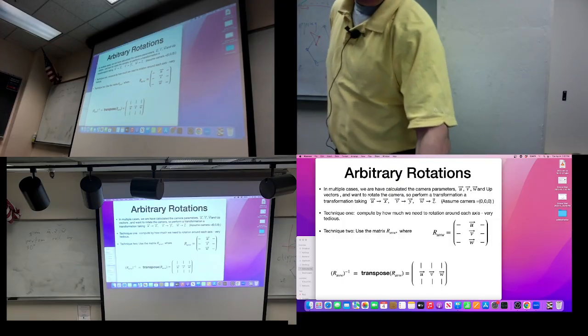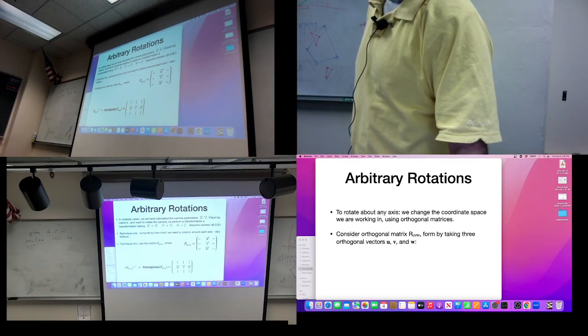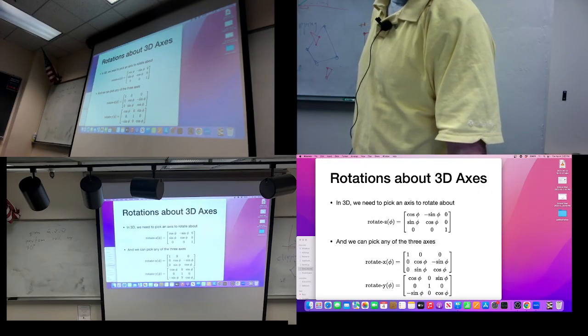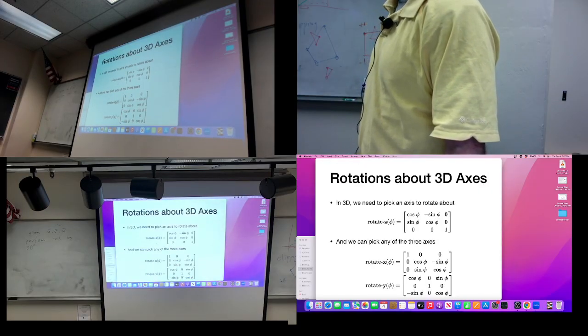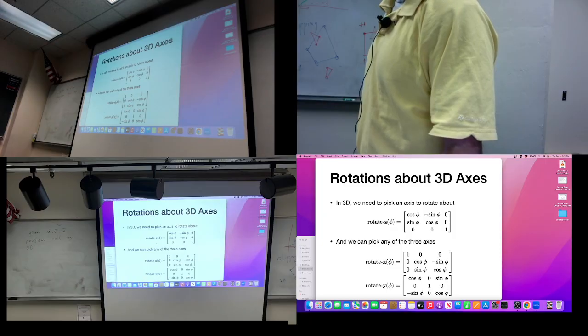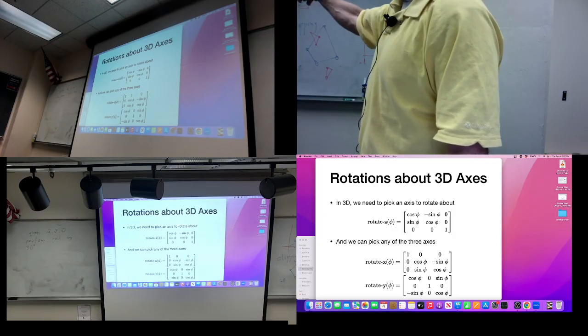How can I do it? UVW are arbitrary. If I'm going back to my three matrices, now U, V and W are neither the X, nor the Y, nor the Z. I cannot use these tools directly.